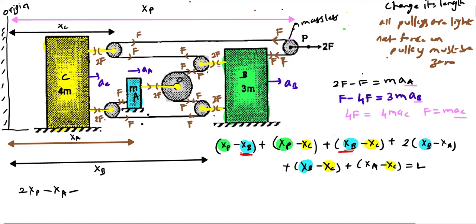Minus XB plus XB plus 2XB plus XB will be 3XB. Then this will be XC minus XC minus XC minus XC minus XC, minus 4XC we will get.